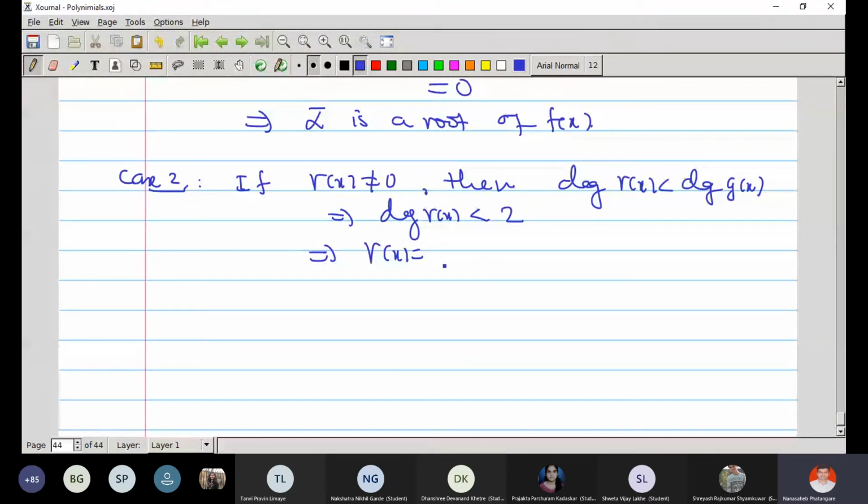It may be of degree 0 or of degree 1, but in general, degree less than 2 means it is 1 or 0, for some lambda and mu in R. Whatever I have written is clear. Therefore, f(x) is g(x) times q(x) plus r(x), which is lambda plus mu x.